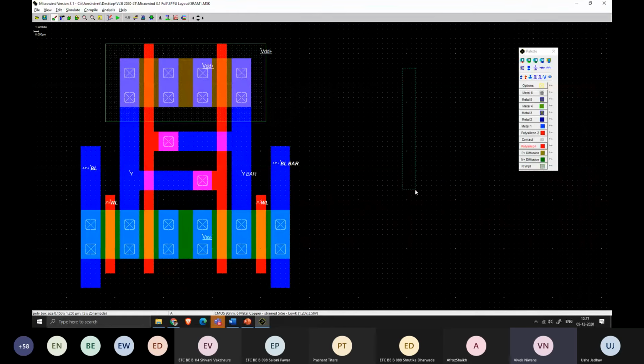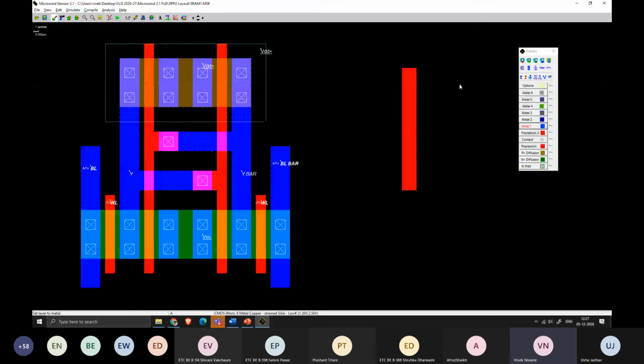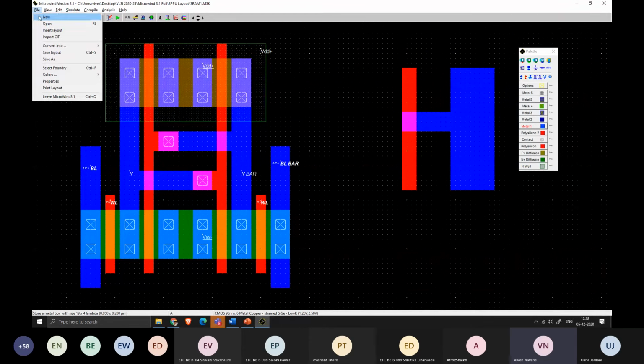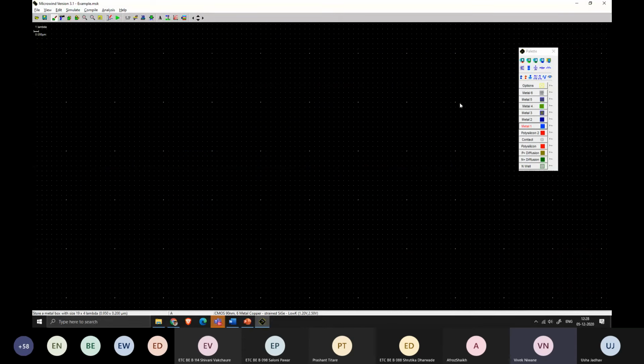So if we have a polysilicon and a metal, and if we want to connect the two, just merely putting this much will not make the contact. There will be no contact because the polysilicon plane is different and the metal plane is different. Let me try on this side. Let me put the polysilicon. I want to connect the polysilicon with the metal.